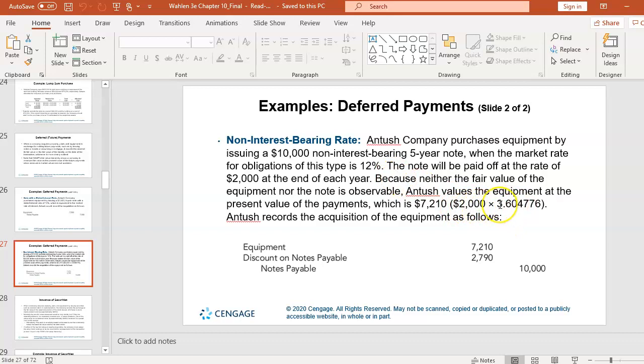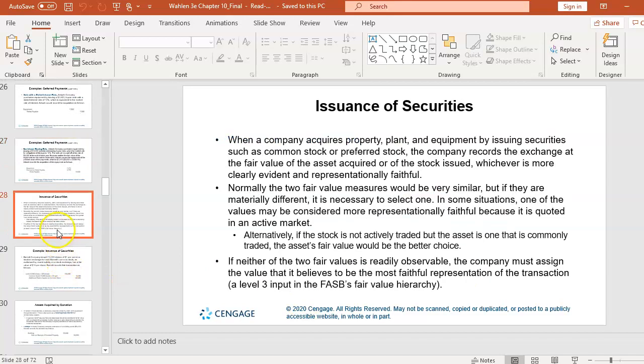So 2,000 times that factor is the 7,210, and that's what we'll value the equipment at. We have a payable for 10,000, but then we have a discount on what's payable that will then amortize and turn into interest expense over the next 5 years. So just be very aware that you'll deal with a few questions like that.